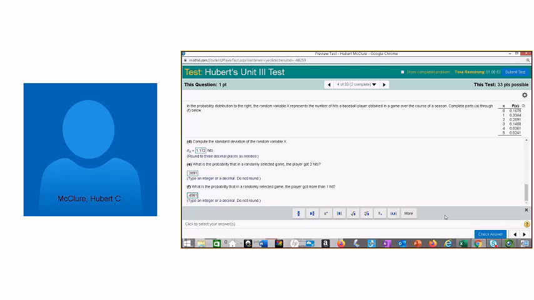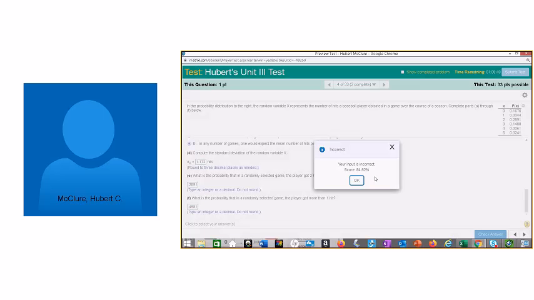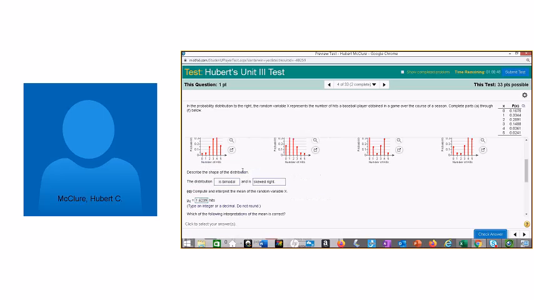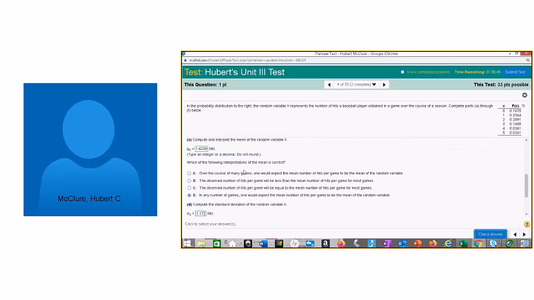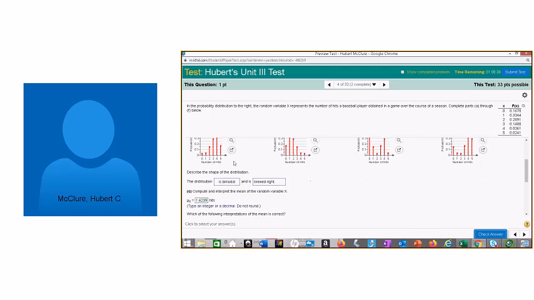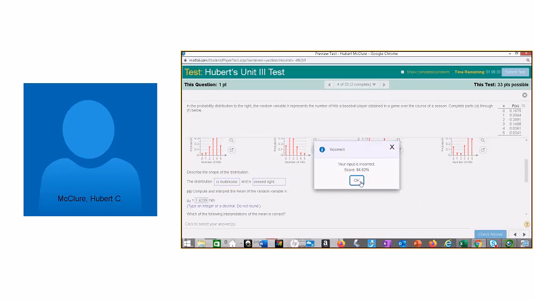And I probably got those two wordy problems wrong. Yep, I got one of them wrong. I don't know which one I got wrong though. I have a feeling it's that bimodal. Let's say multimodal. Let's see what it says. That's the one I got wrong.